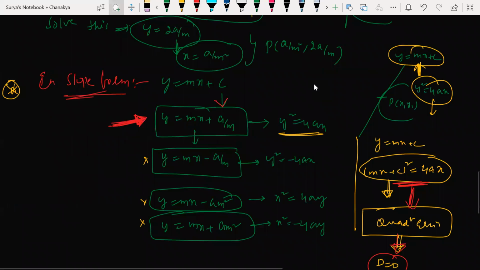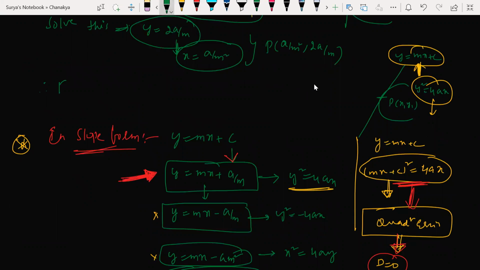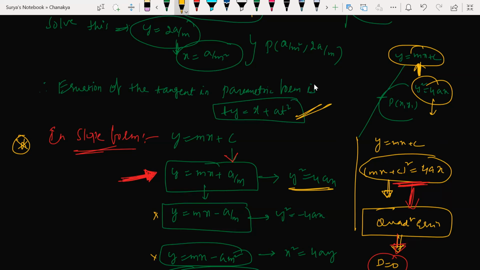The equation of the tangent in parametric form is ty = x + at². This is the parametric form. Getting my point, children?